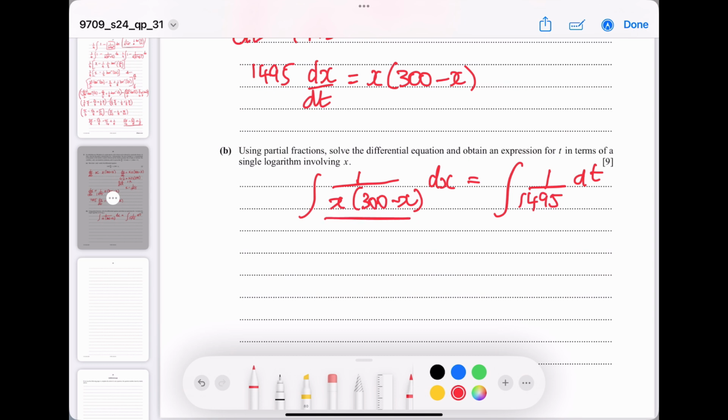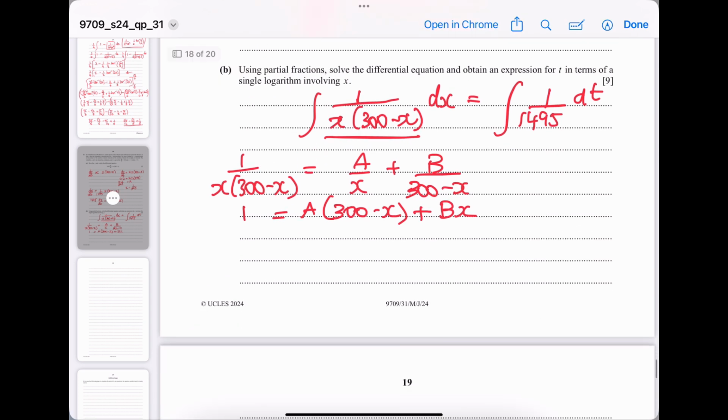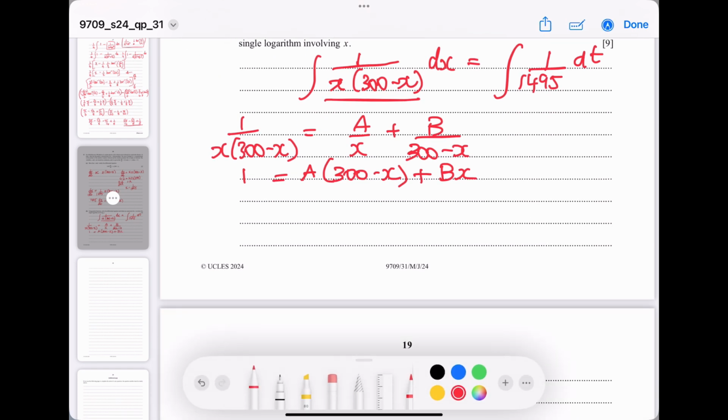So I'm going to use partial fractions here. So I've got 1 over x (300 minus x) is equal to a over x plus b over 300 minus x. So 1 is equal to a(300 minus x) plus bx. If I let x equal 300, then 1 is equal to 300b.